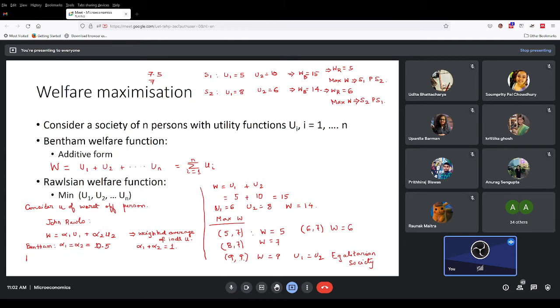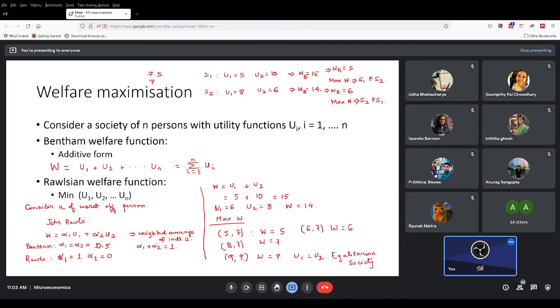But if you are taking the Rawlsian welfare function, what are the weights? So here we have to identify the poorest person. Let us say it is alpha 1. Then alpha 1 is equal to 1, alpha 2 is equal to 0. Okay. If alpha 2 is the poorer person, what will be the weights? Alpha 1 0, alpha 2 1. Exactly.